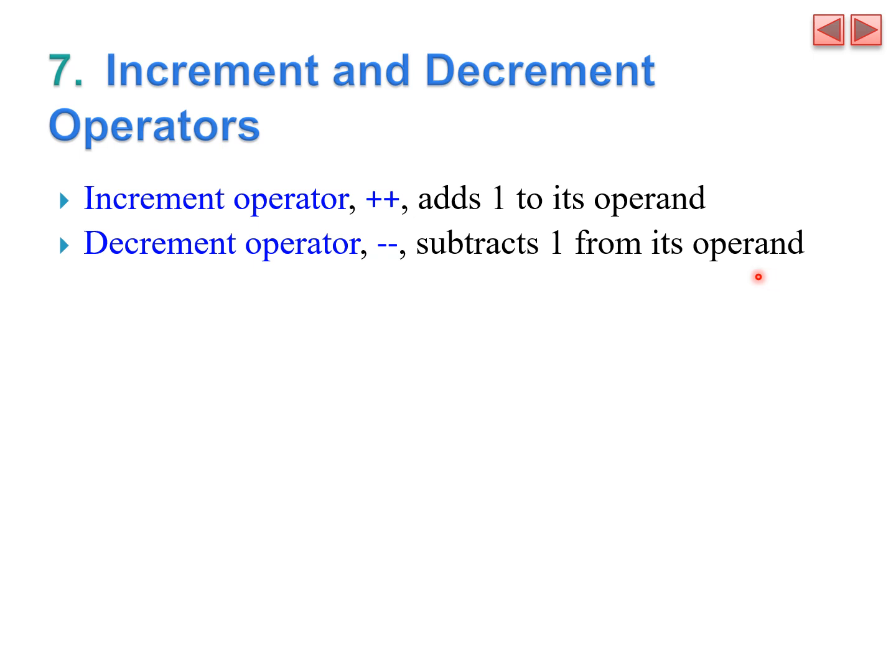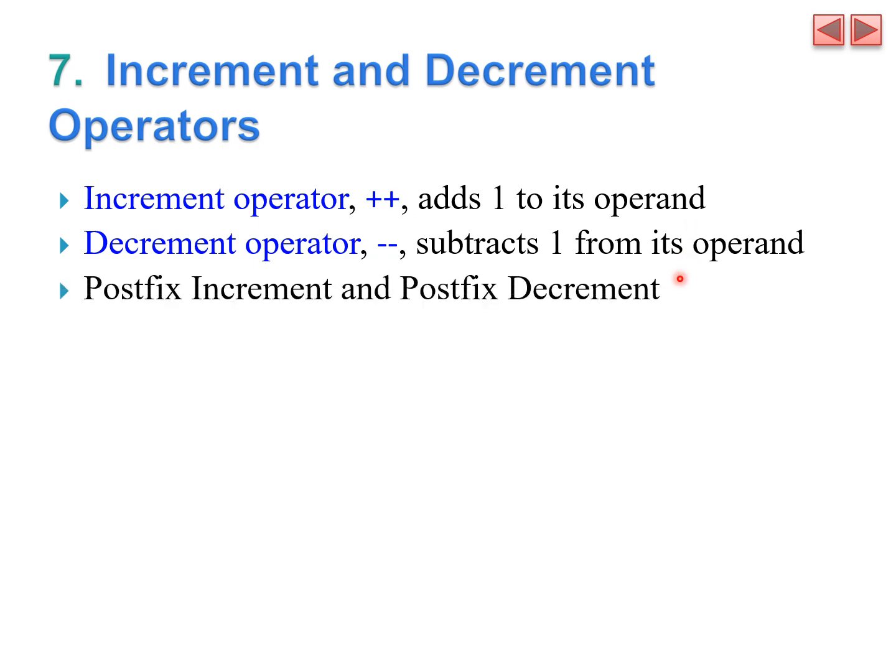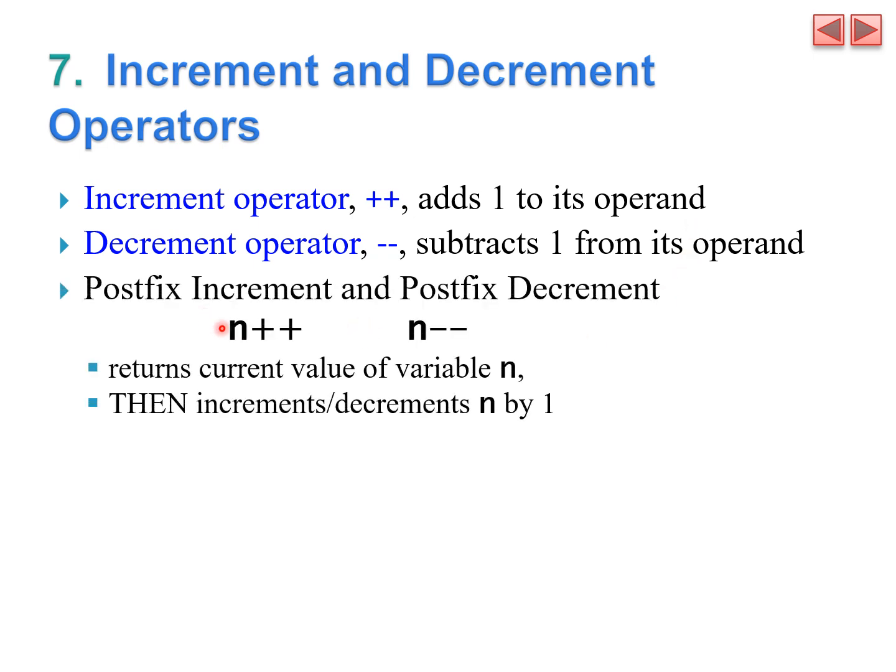Note that both of these operators take only one operand, which must be an integer variable. So you can write the increment operator and the decrement operator either after its operand or before its operand immediately.